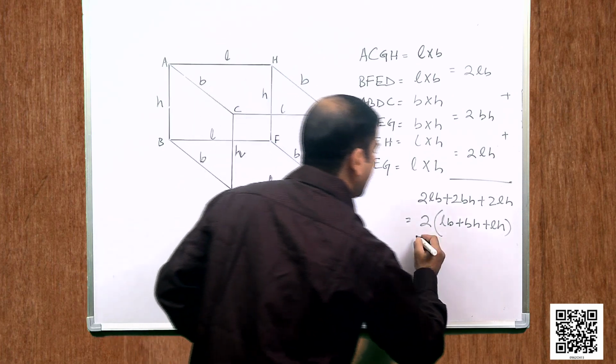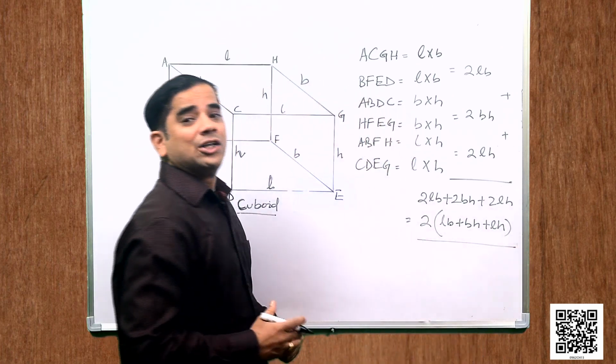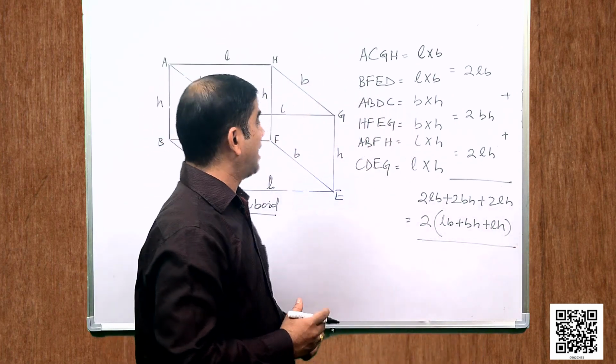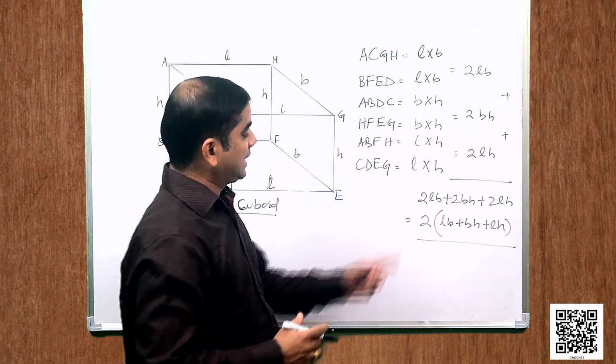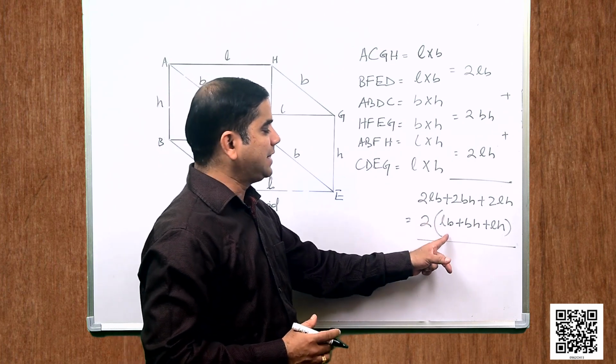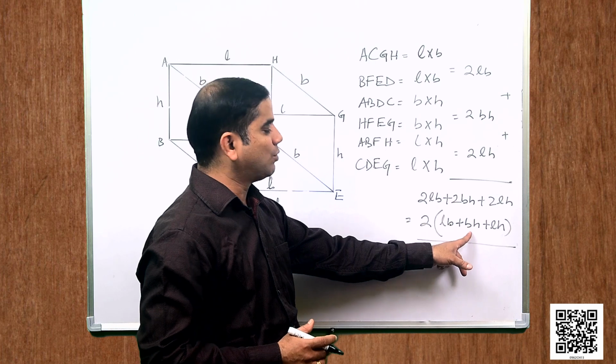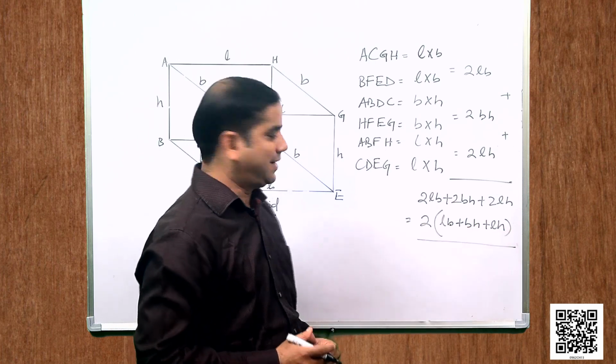So, this gives us the formula to find out the total surface area of a cuboid, that is 2 into length into breadth plus breadth into height plus length into height.